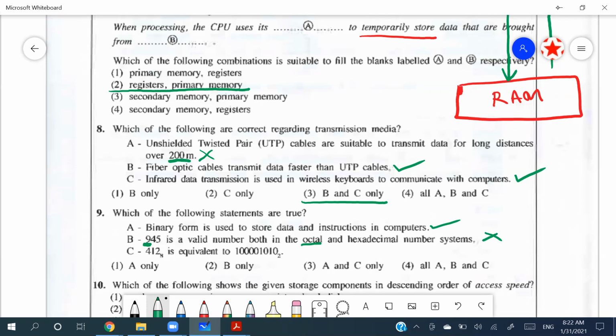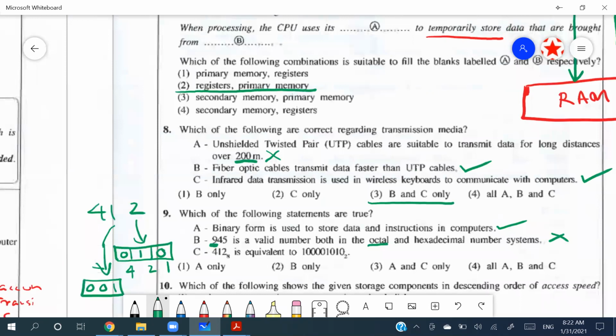412 in octal is equal to this particular thing. Yeah, let us do that quickly. How are we going to do this? Using the place values. 1, 2, and 4 will be the place values. So 2 is created like this. Likewise, 1 is created like this, and in the very same way, 4 is created like this.